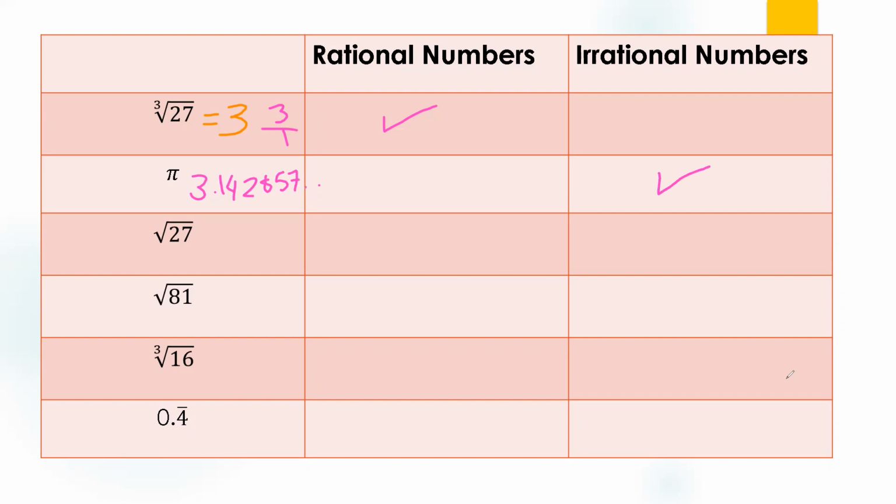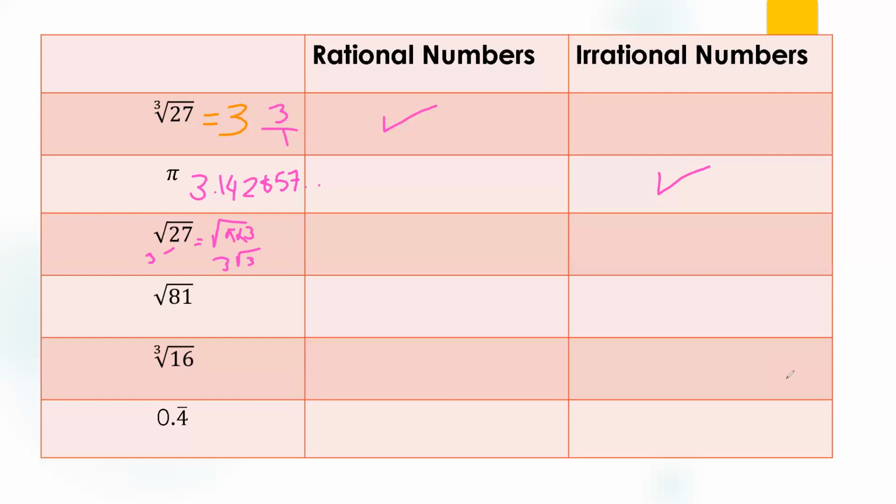Now, the square root of 27. What is the square root of 27? You can write it as 9 times 3, so it's 3 square root of 3. And if you look at the square root of 3, it is 1.732 and so on.